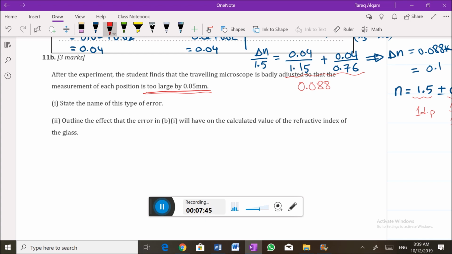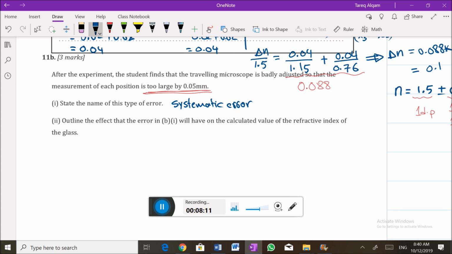This means, guys, that there's a shift in all readings by 0.05. What is the type of this error? It's a systematic error, right? Why is this a systematic error? Because there is a constant shift in all readings.